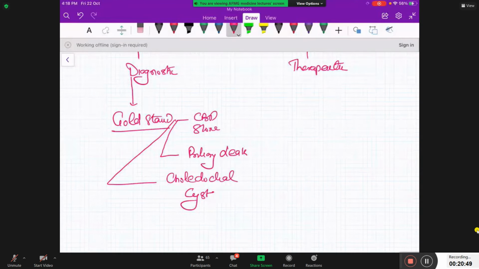Okay, now with the help of ERCP, the therapeutic benefits, important point, one can remove CBD stones.